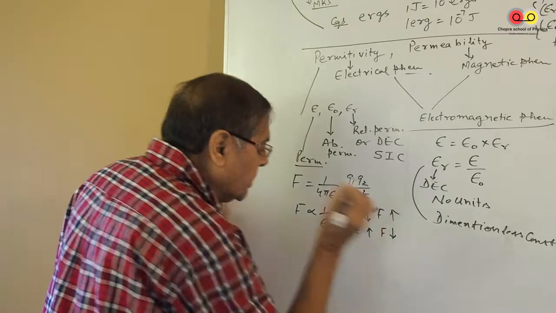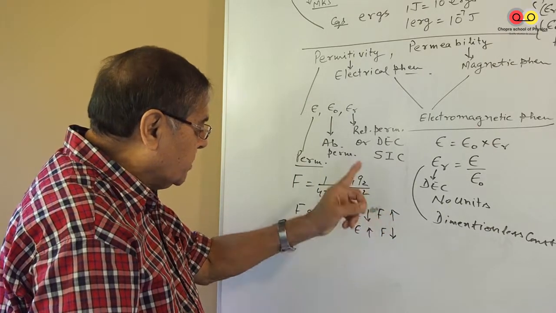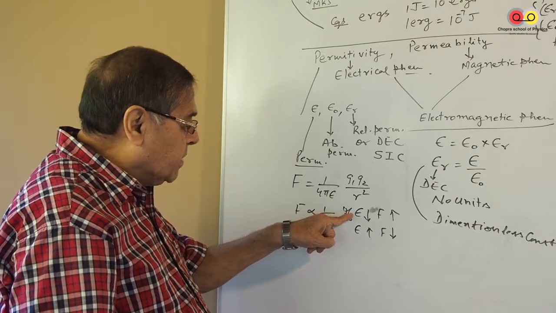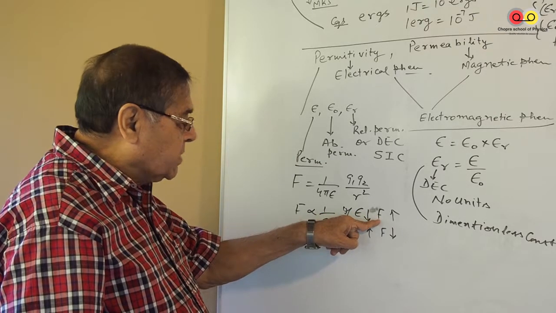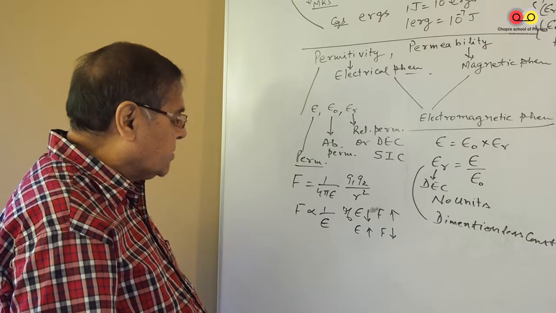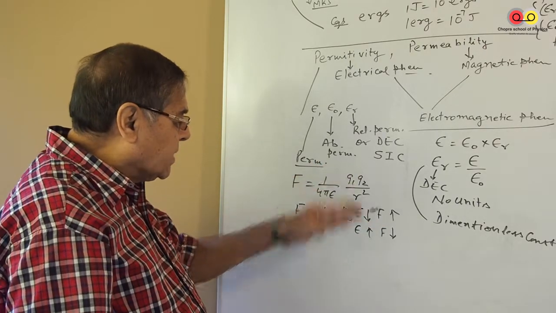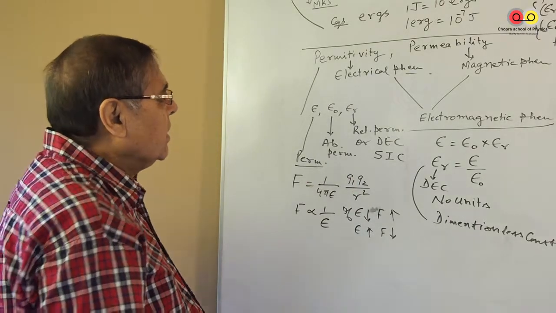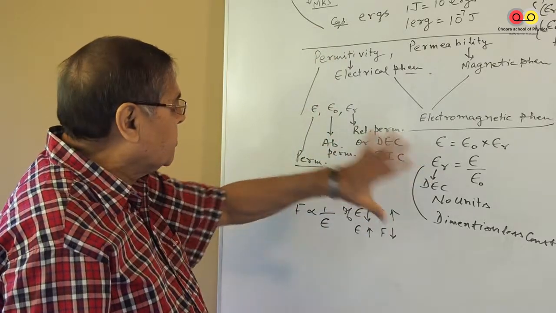The upward arrow means increasing, downward arrow decreasing. So permittivity less means force is more. Permittivity more means force is less. So between the two charges, which medium is existing, that's more important. So this is all the application of permittivity.